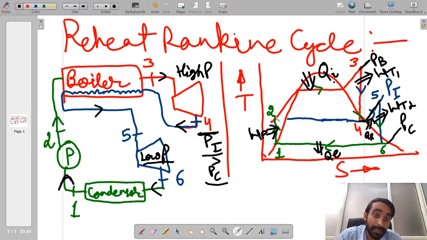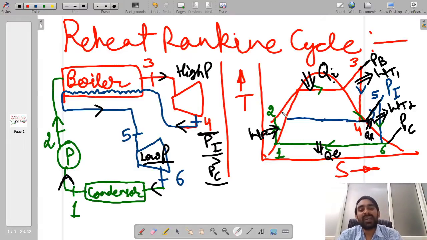So now we will have some effective mean temperature of heat addition, resulting from the combination of heat addition in 2 to 3 and heat addition in 4 to 5. In this particular cycle, the heat addition in process 4 to 5 is at relatively lower temperatures in comparison to the heat addition temperatures during process 2 to 3.